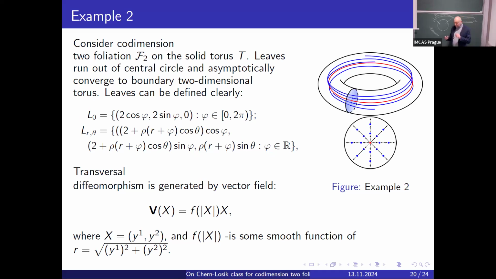We have exactly one compact leaf. It looks like a Reeb foliation. And all other leaves are non-compact, and they asymptotically go from this central circle and also asymptotically converge to the boundary. So this is the geometry of this foliation.